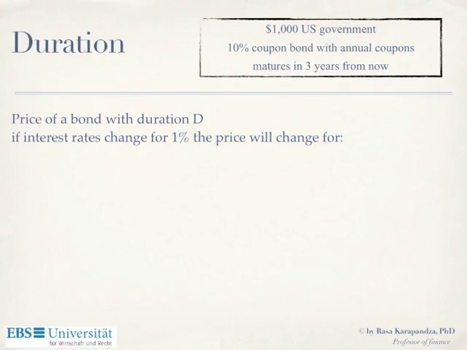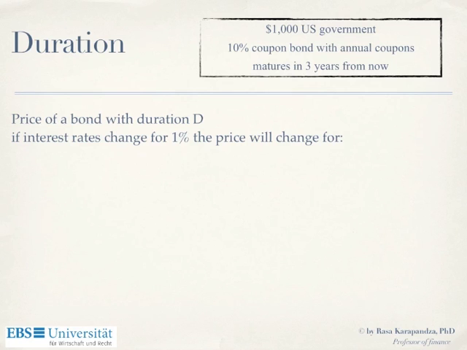2.75 years. What does this mean? Now, I'm telling you the following. If you have a bond with a duration D, let's say 2.75, if interest rates change for 1%, and by 1% I mean 0.5% up, 0.5% down.